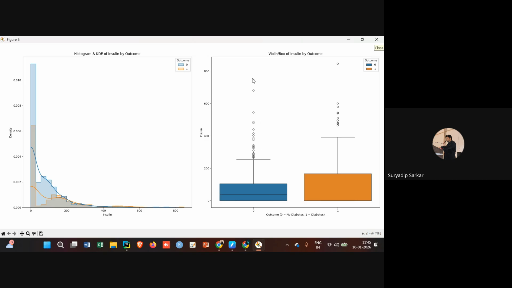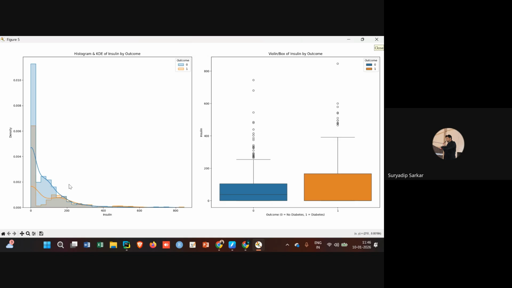There are quite a few outliers with respect to the insulin, but one possible inference that I can draw from here is that this data did not come from people who are already taking insulin as a medication. Why do I say this? Because if people had taken insulin as a medication, we would have seen a much larger shift in the distributions here, and also in the blood glucose level distributions, which we did not see.